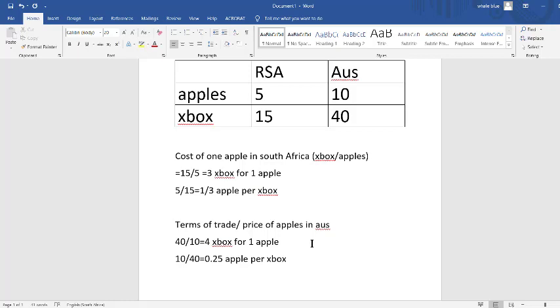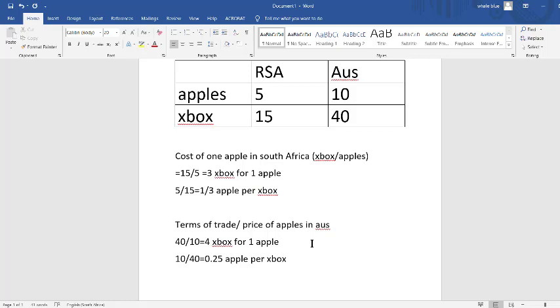Although the South African laborers produce fewer apples than Xboxes, the relative price or the comparative price or the terms of trade or the price per apple was cheaper in South Africa. But in Australia, the relative price or the comparative price or the terms of trade, the cost per Xbox, was cheaper in Australia.